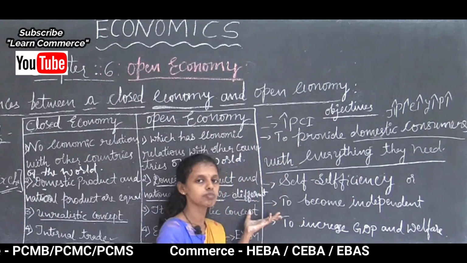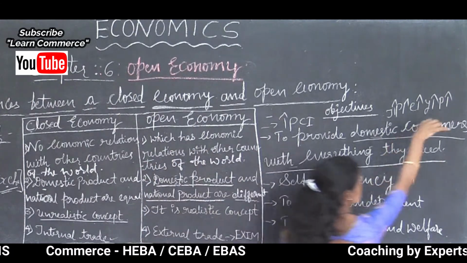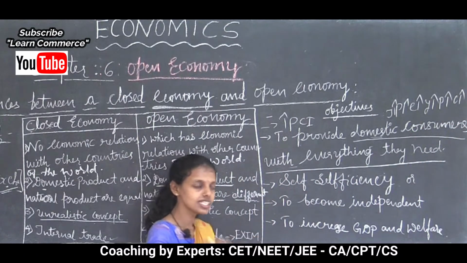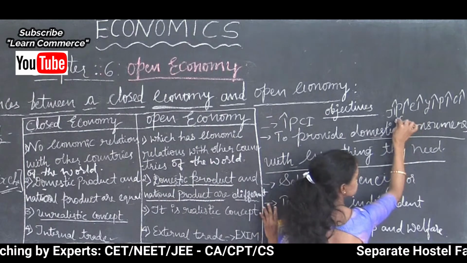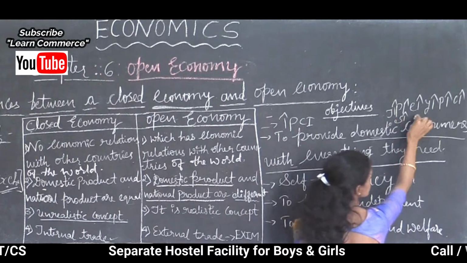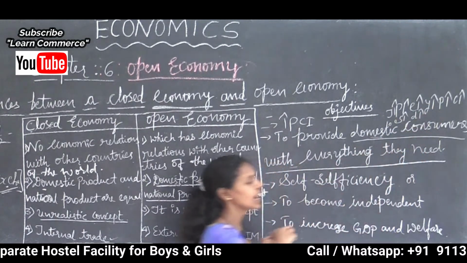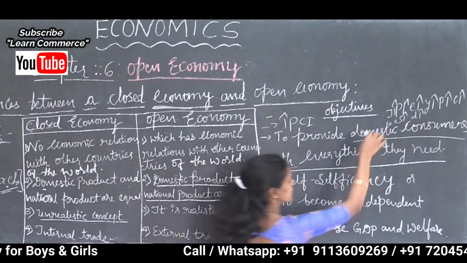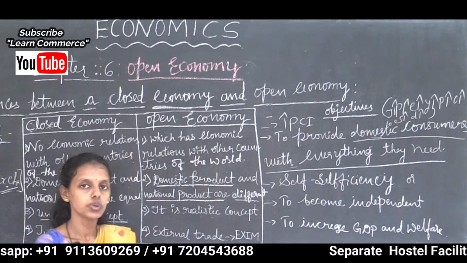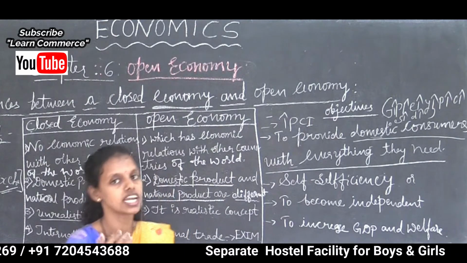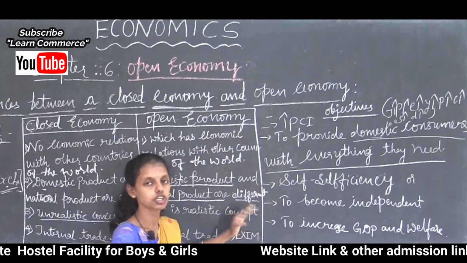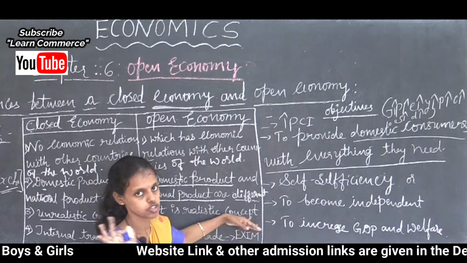Again people spend that money to purchase goods for consumption purposes. Consumption increases. When consumption increases, supply of goods increases, then again production increases and demand increases. It means aggregate demand and aggregate investment in the economy increase. The main aim is to increase the per capita income and national income. Thus, to provide domestic consumers with everything they need, there should not be any shortage for them.